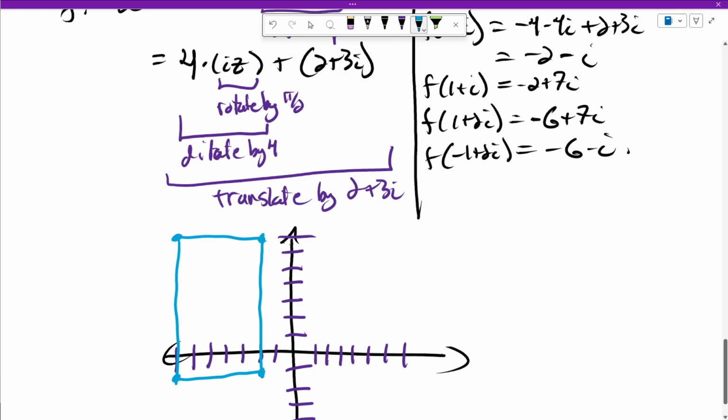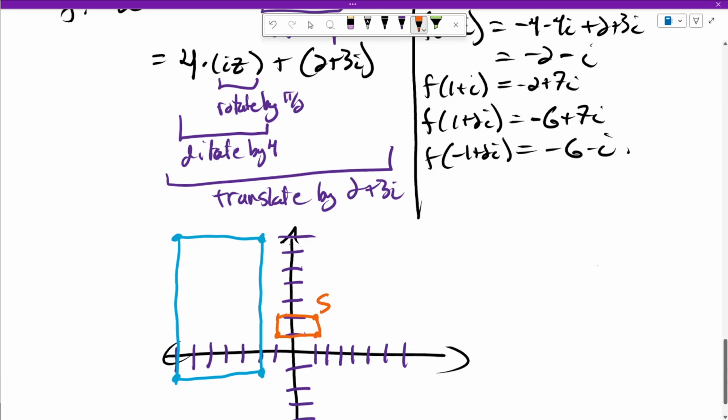And if I were to draw the starting rectangle here, maybe in orange, our starting rectangle had vertices negative 1 plus i, 1 plus i, 1 plus 2i, and negative 1 plus 2i.